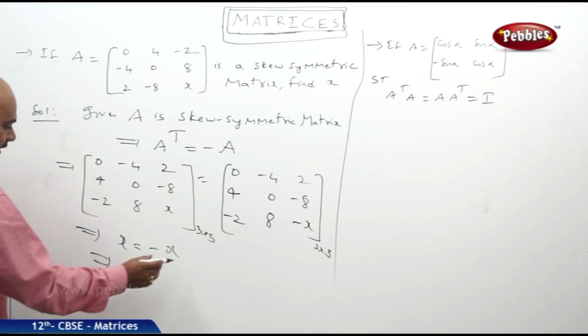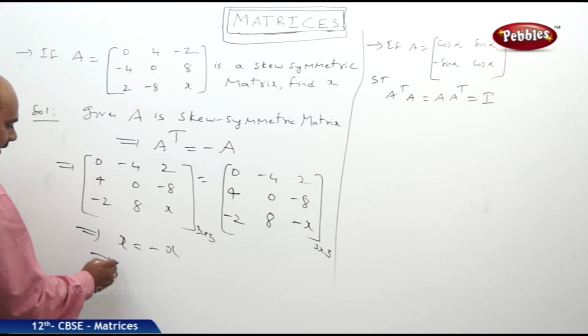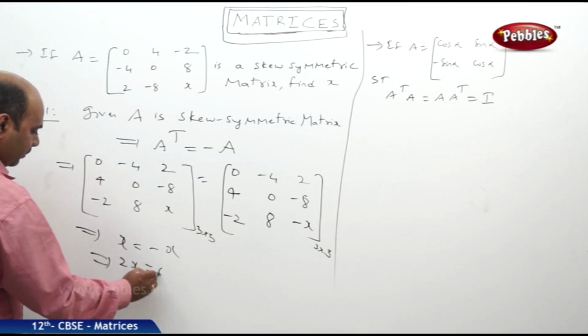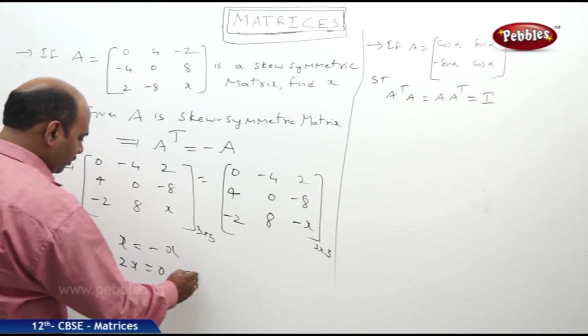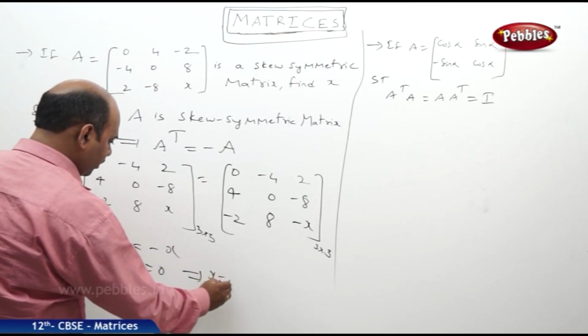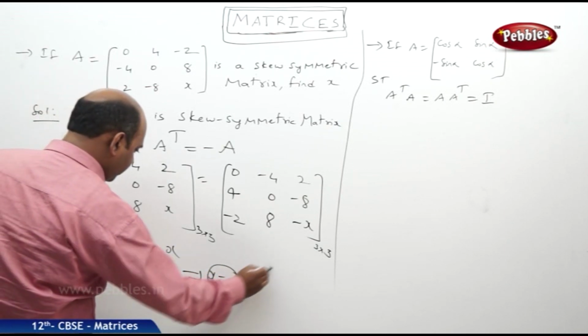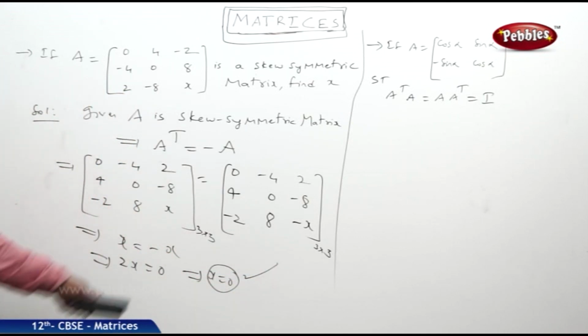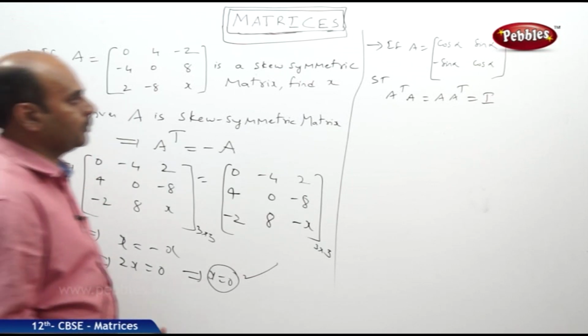As x equals minus x, minus x coming to this side I can make x plus x, that means 2x equals 0. 2x is equal to 0 means the value of x will also be 0. So the final answer will be x equals 0. I think you people followed.